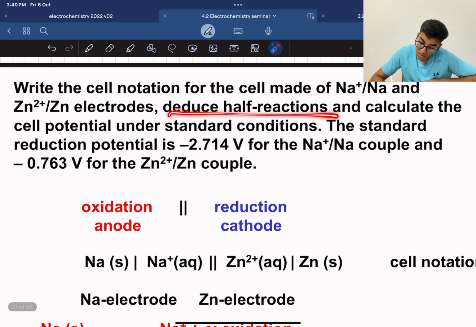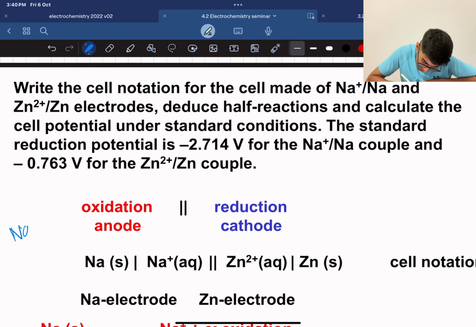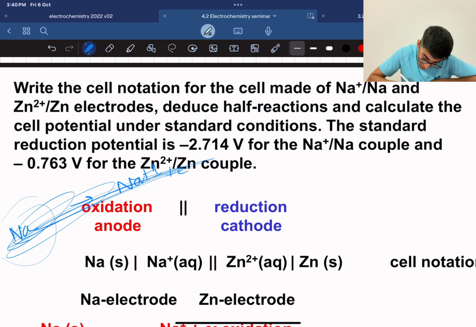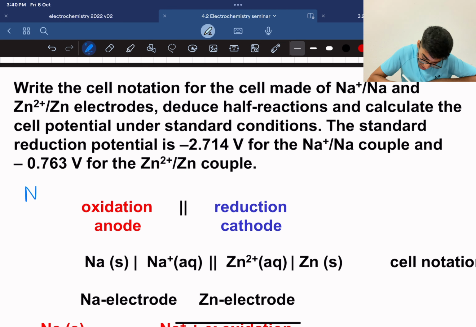Reduced half reactions. Looking at this, Na arrow Na+. The plus 1 basically means that it has one less electron than this side. There's nothing to do, just add one electron here. Basically this will be the formula: Na gives Na+ plus 1 electron.